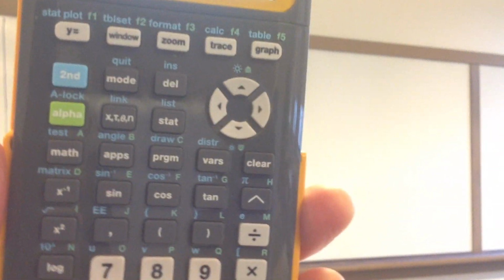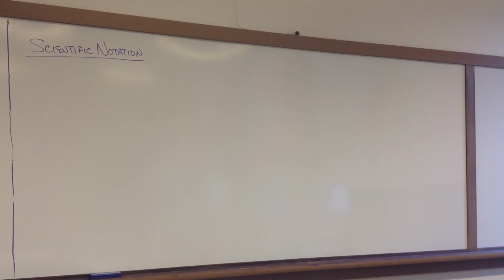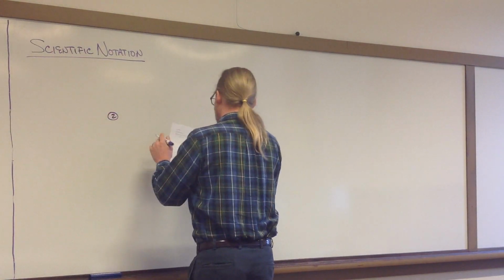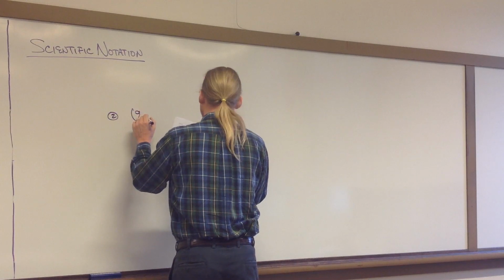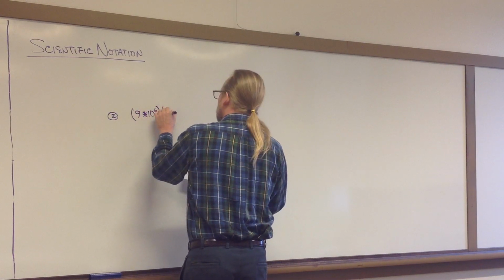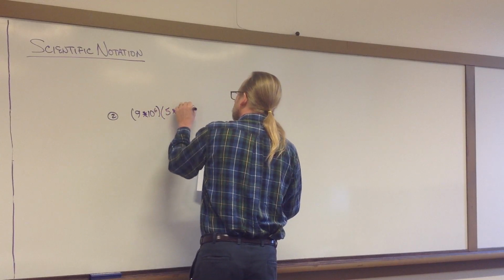E. So let's see, I haven't got any numbers on the board right now. Let me put an example problem up and then I'll show you on the calculator again. So problem 2. 9 times 10 to the 6th, 5 times 10 to the 5th.